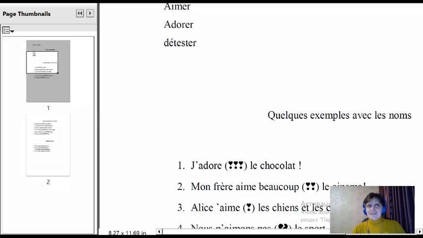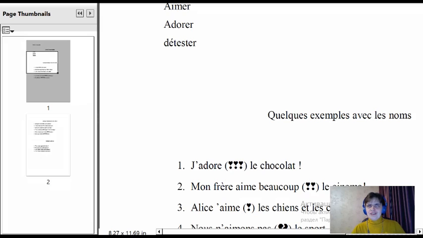Let's take a look at the next example. Mon frère aime beaucoup le cinéma. My brother loves the cinema a lot. What do we see here? We see a little bit of tweaking to the verb aimer. Mon frère aime.